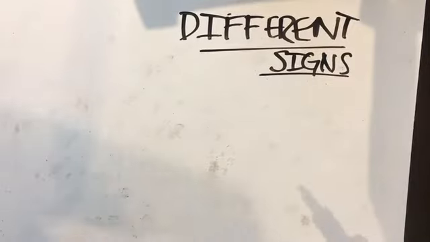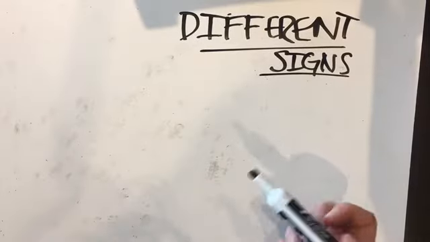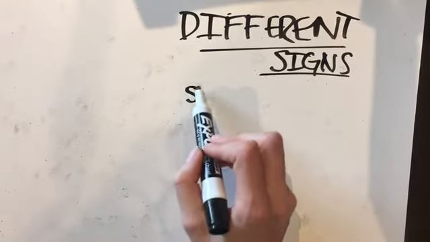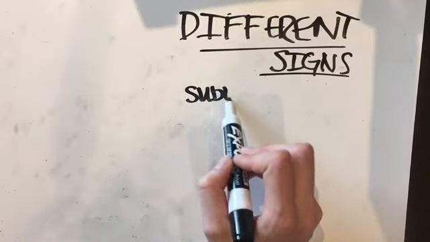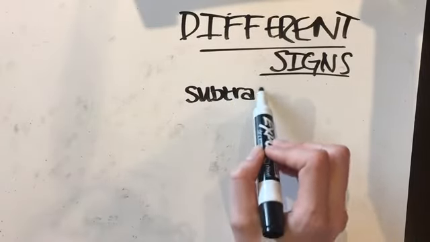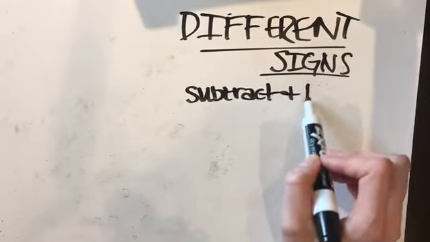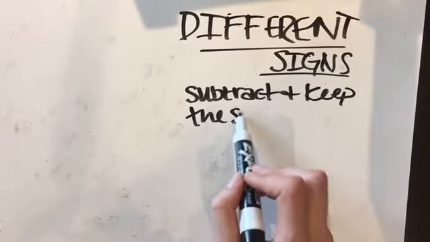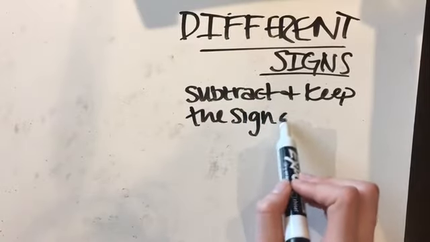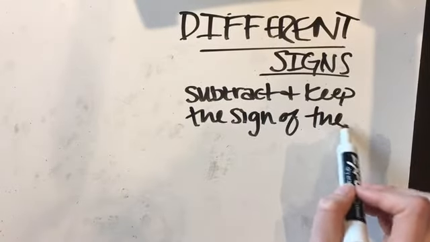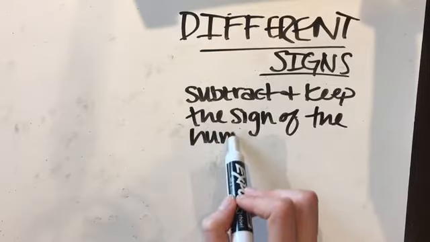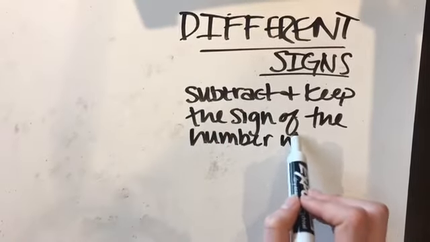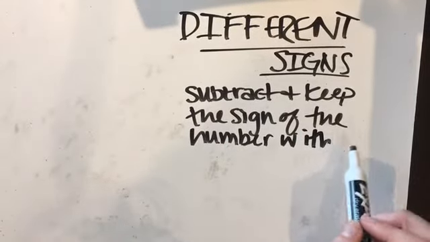If you have different signs, you subtract and keep the sign of the number with the greater absolute value.